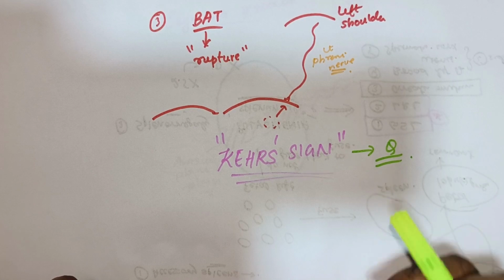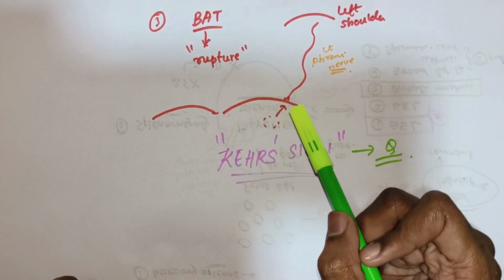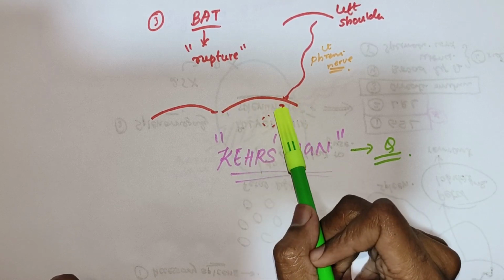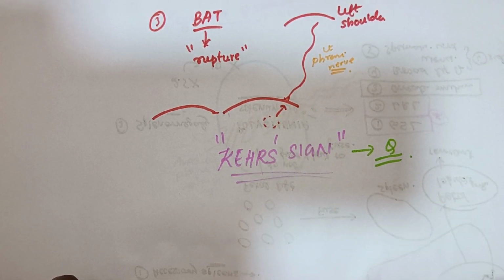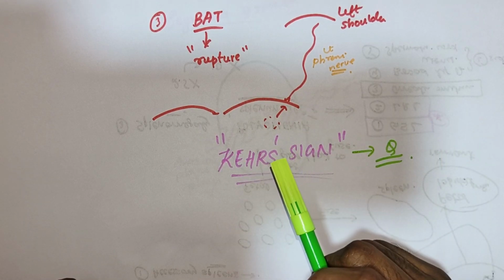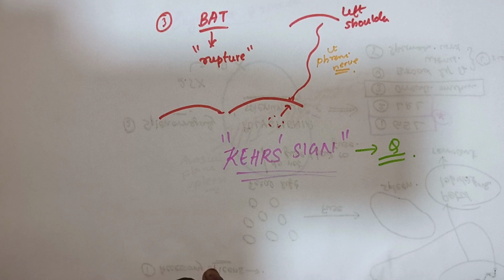Now the question might ask you which sign it is. So it is Kehr's sign. Why is it caused? It is due to the irritation of the left dome of the diaphragm by the ruptured spleen, that is, the splenic blood irritates the left dome of the diaphragm, and the pain is carried to the left shoulder. So with this, we have come to an end of our discussion about the spleen.